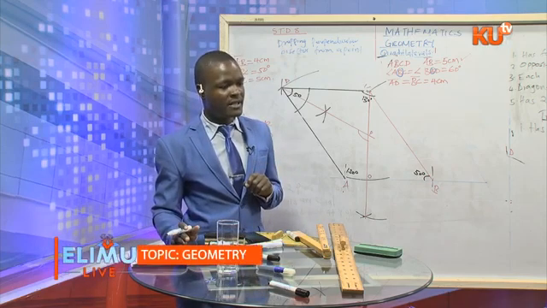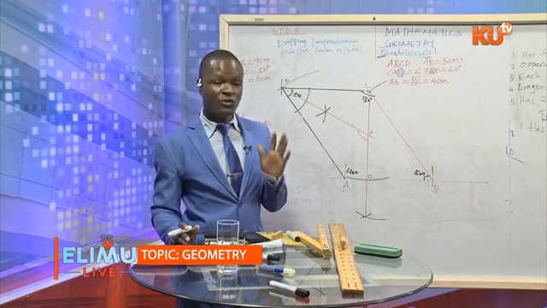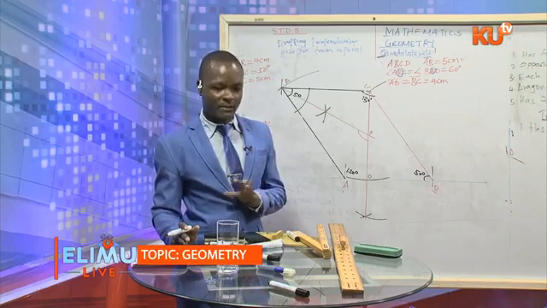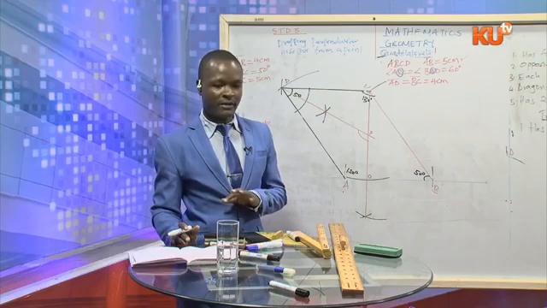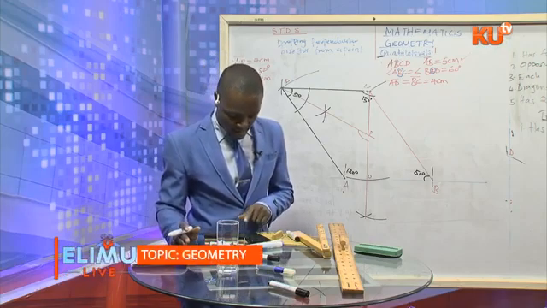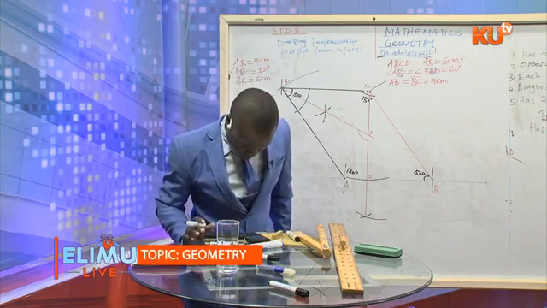You cannot say a parallelogram is a square. You cannot say a parallelogram is a rectangle. But it is true when you say a rhombus is a special parallelogram. A square is a special parallelogram. A rectangle is a special parallelogram. I think now you are good to go.